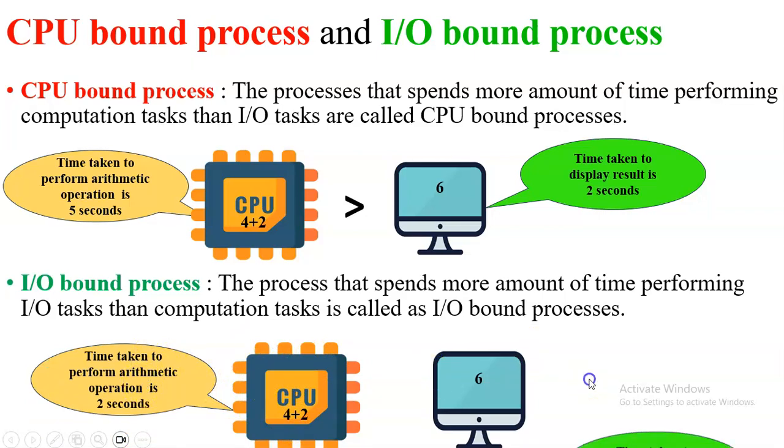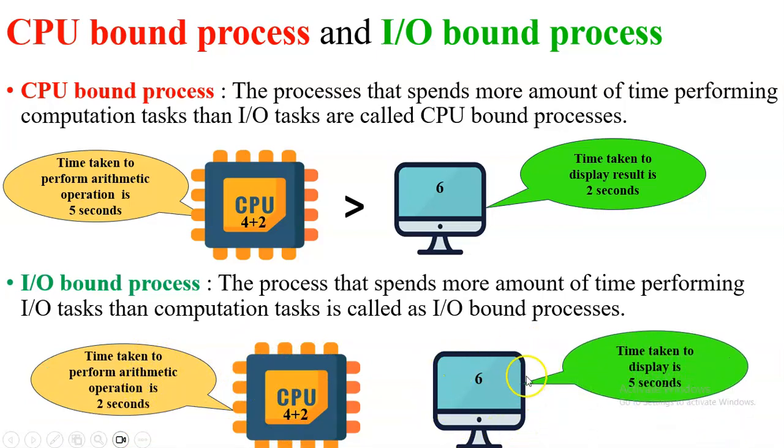However, the time taken to perform this input-output task is, let's say, 5 seconds. So in this scenario, the input-output task is taking more time than the arithmetic operation. So this particular task is called an input-output bound process.